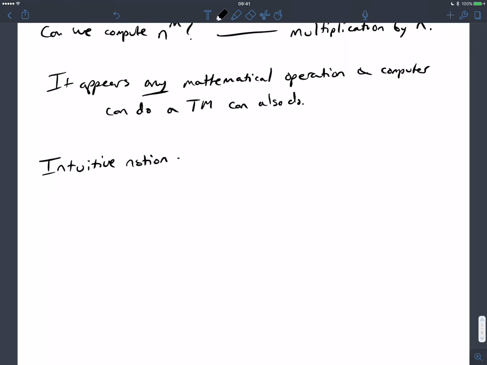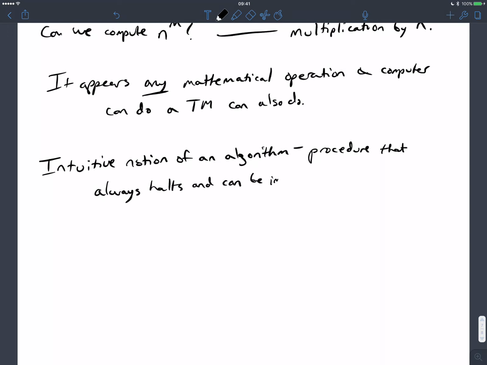Intuitive notion of an algorithm. So it's a procedure that, so this is stuff that you should already know, that always halts and can be implemented on what we would consider a typical computer.